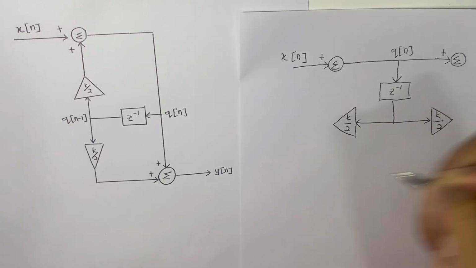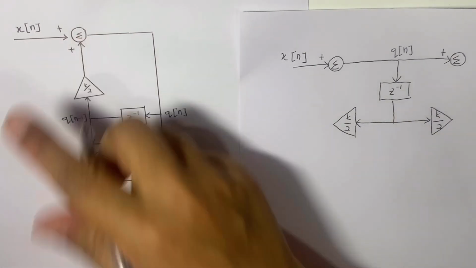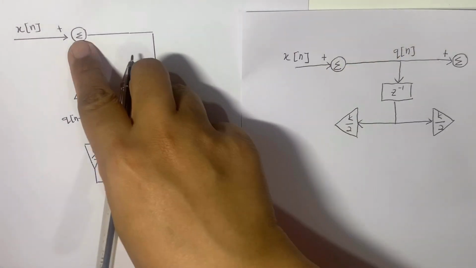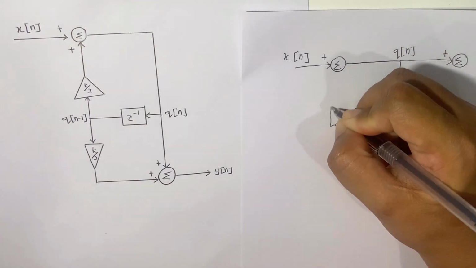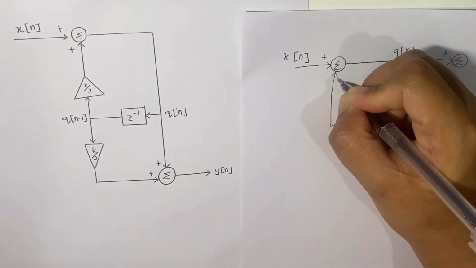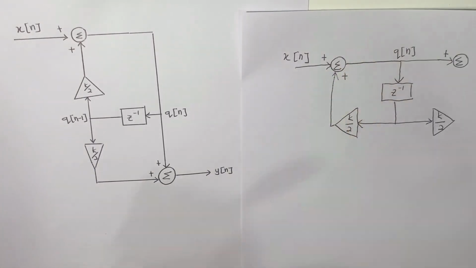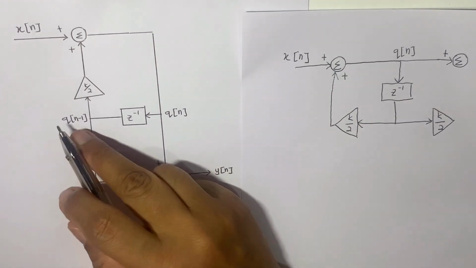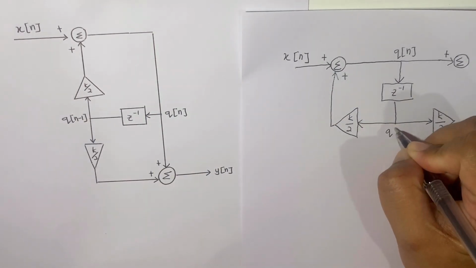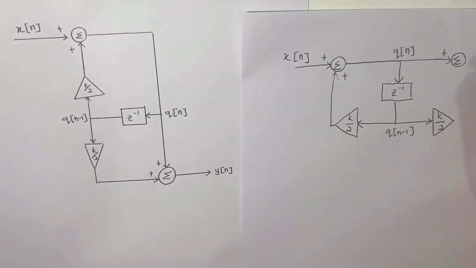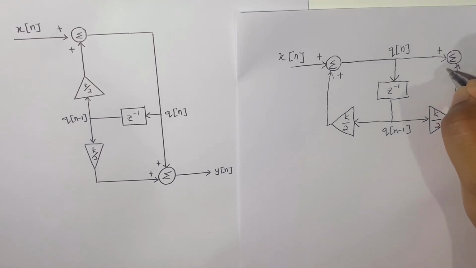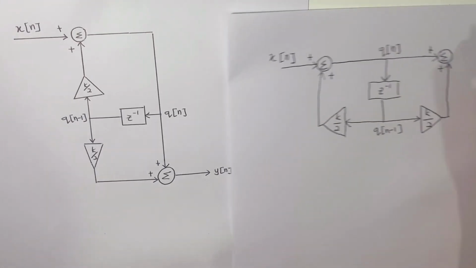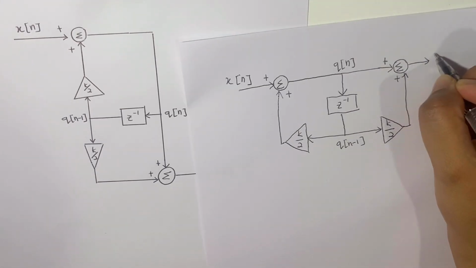K over 2, and then another arrow, until you find the summation here. This is another arrow, plus. q[n-1] is here. This is another symbol, plus, and y[n] is here.